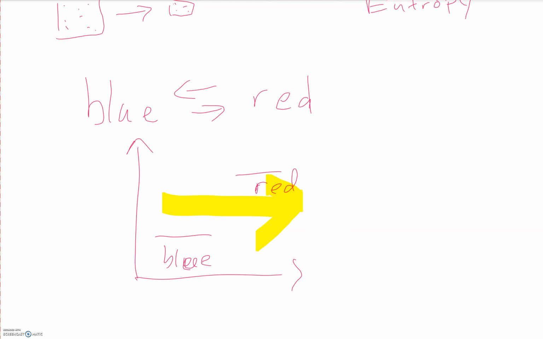So in terms of the number of configurations, the system wants to change from blue to red, but it can't because it has to gain enough energy to make up that change in potential energy. So how would you get from blue to red? In other words, how would you convert more of this thing into this thing? Well, you could do it by increasing the temperature.